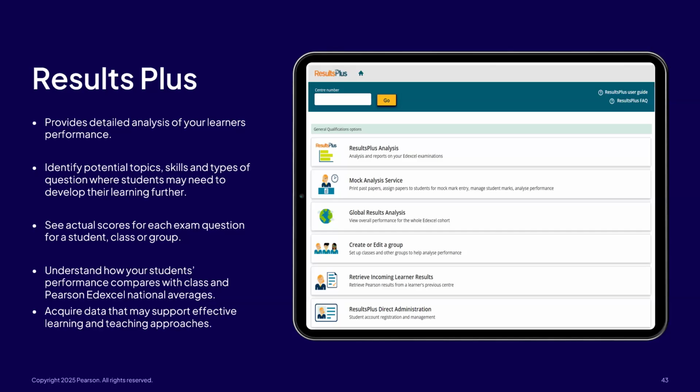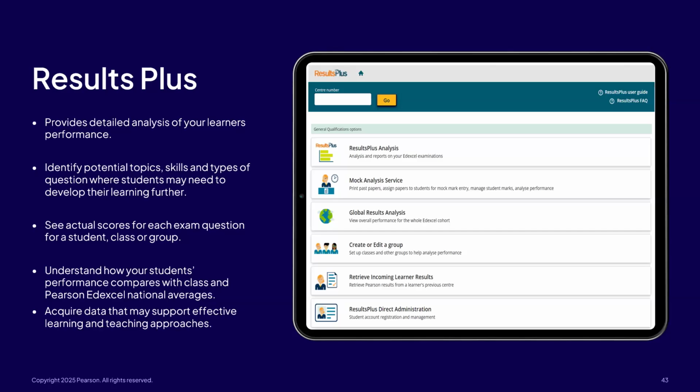So you can look at individual students in your class and year group if you like. And it helps you to understand your students' performance and how it compares with the class and Pearson Edexcel national averages. So you can compare your students with the whole cohort of students who took that particular exam.